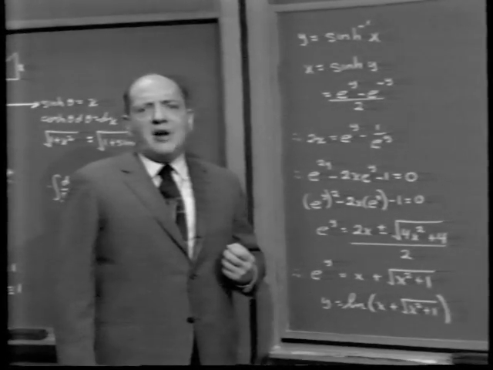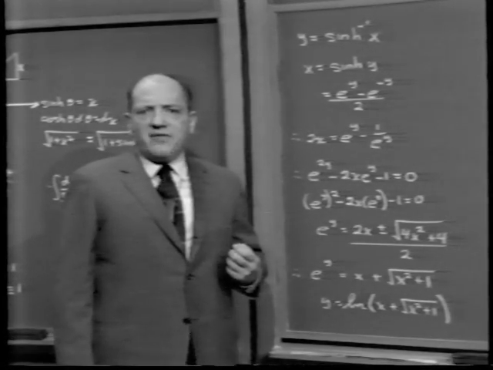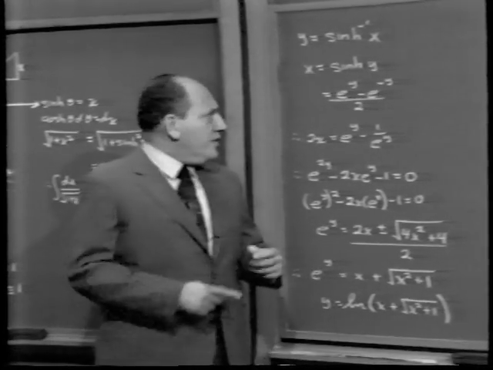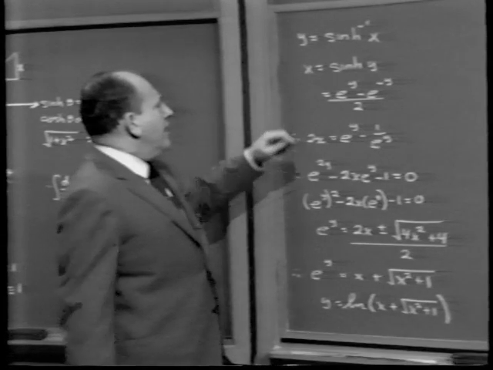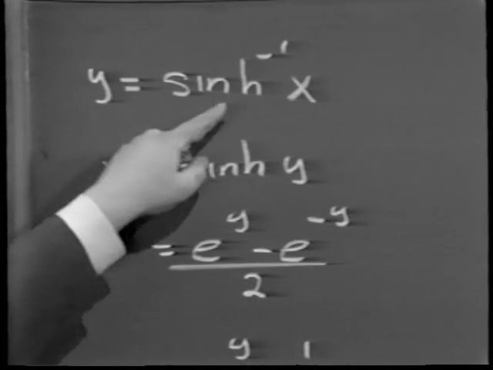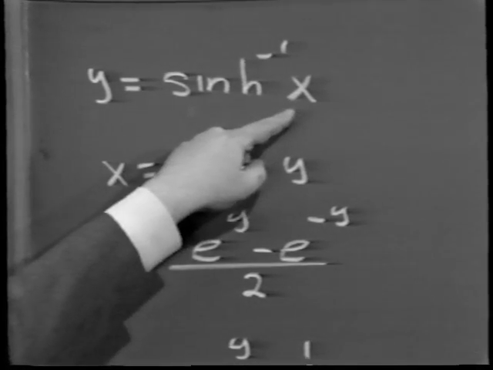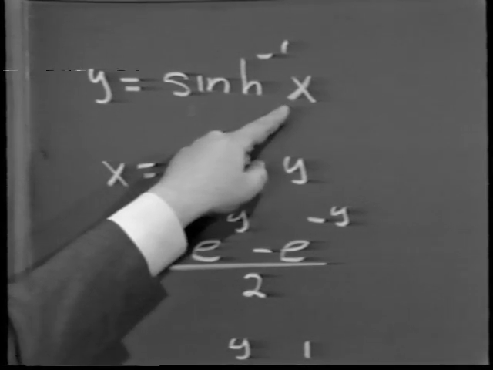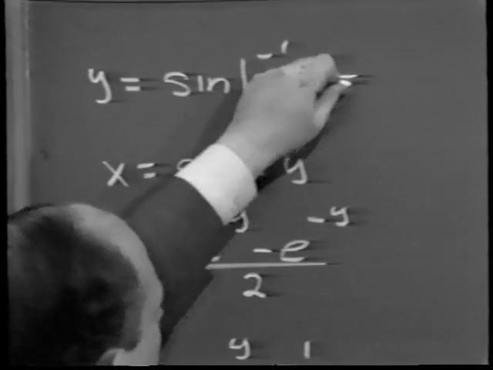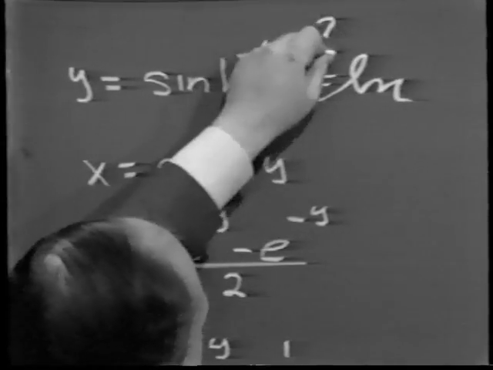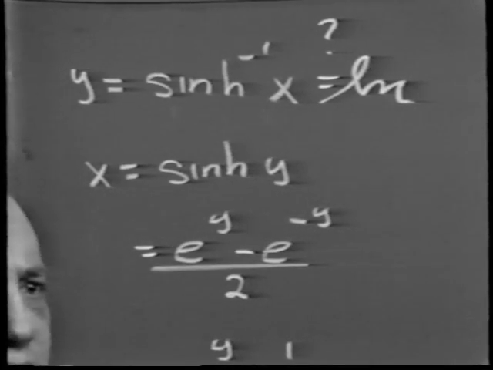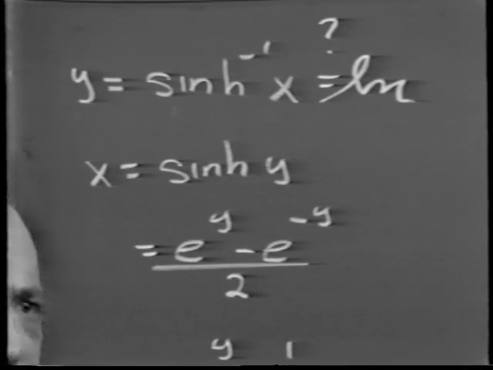And so I thought that I would try to go through some of these finer points with you and, for example, ask the following question. Given that y equals inverse sinh x, is there a way of writing this in terms of something that uses our natural logarithms? See, another reason being what?